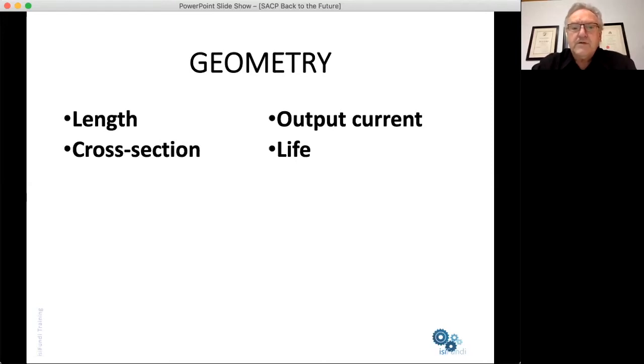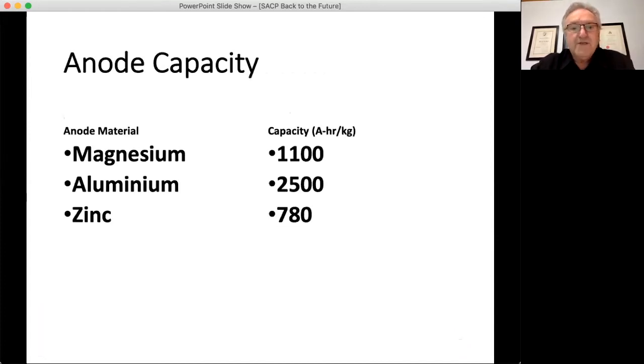Because these anodes are sacrificial, they actually waste away or corrode away whilst they're busy doing their work. The capacity of an anode is determined in this number here called ampere hours per kilogram, which means that if, for example, you had a kilogram of magnesium and you were able to draw 1 amp from that, which would be quite challenging, but in theory you could, then that magnesium would last for 1,100 hours, at the end of which it would be totally consumed.